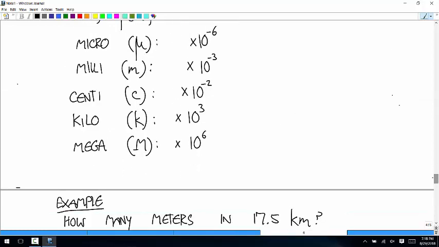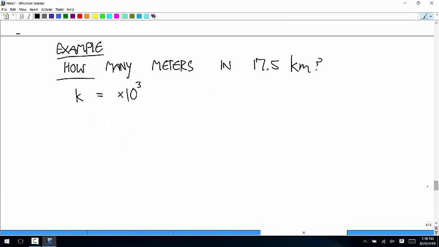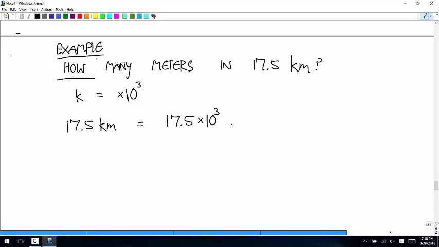That was one of the things I said up here. So if you start with 17.5 kilometers, you can just replace that k with times 10 to the third. And then that's equal to 17,500 meters.